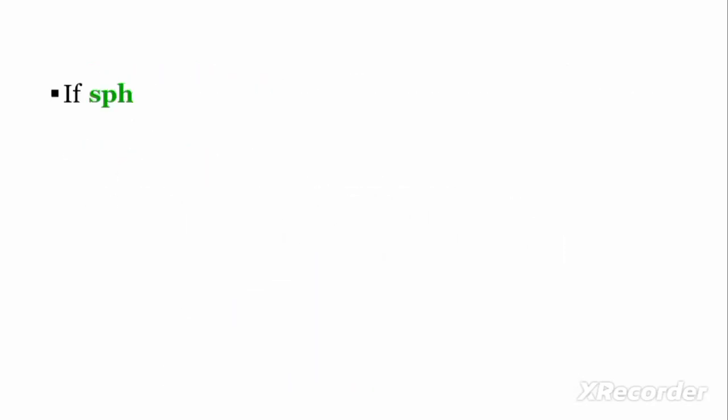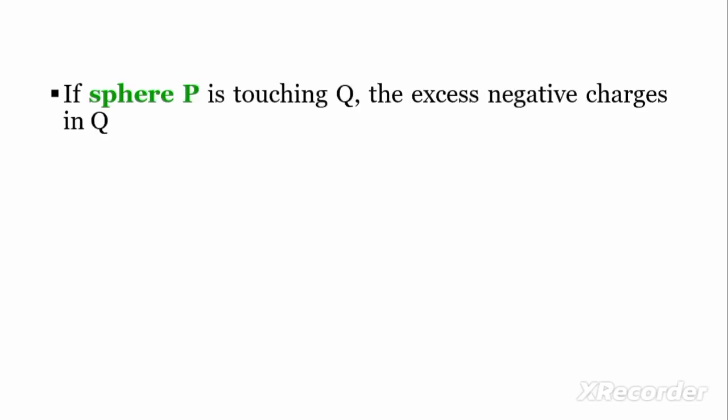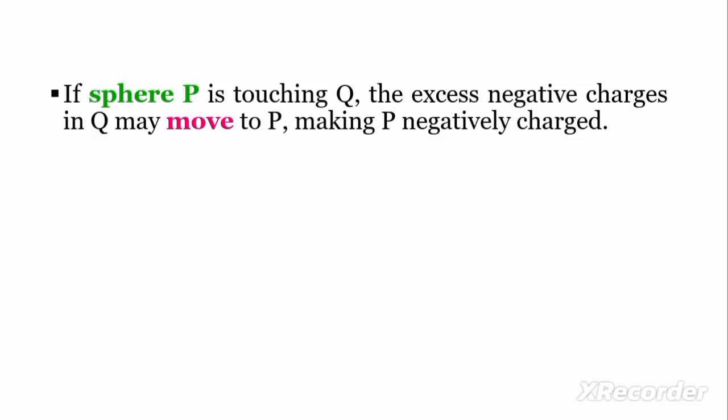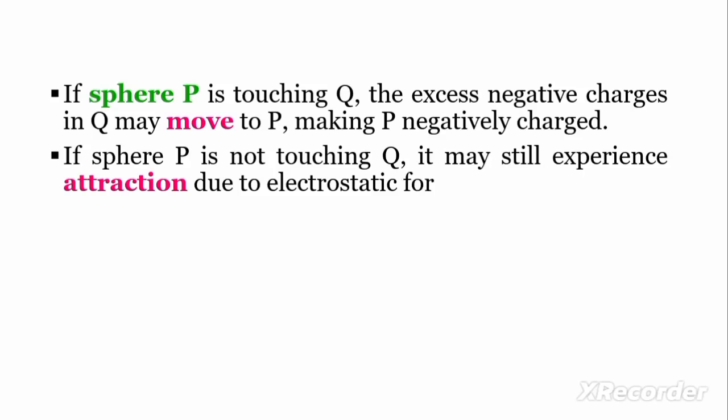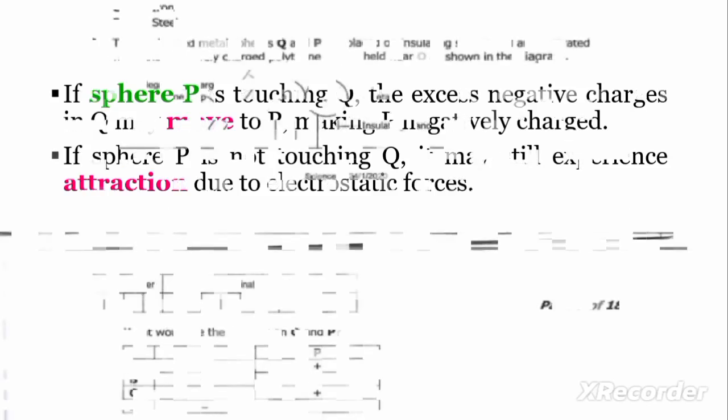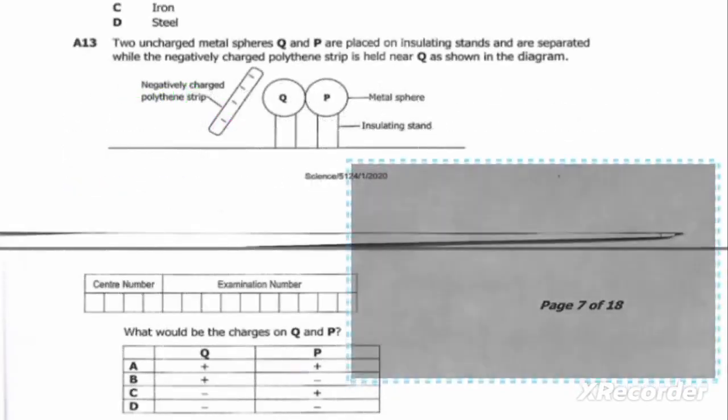If sphere P is touching Q, the excess negative charges in Q may move to P, making P negatively charged. If sphere P is not touching Q, it may still experience attraction due to electrostatic forces.